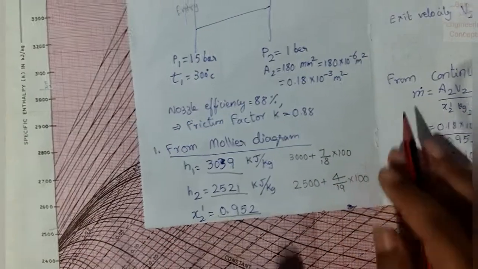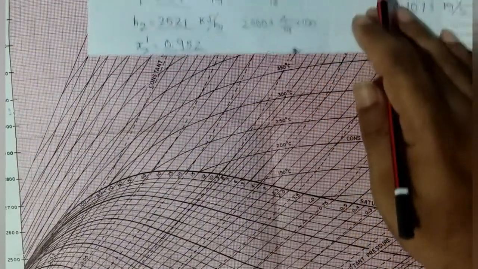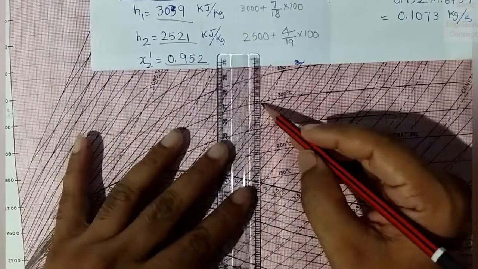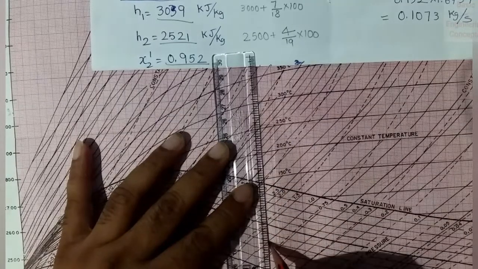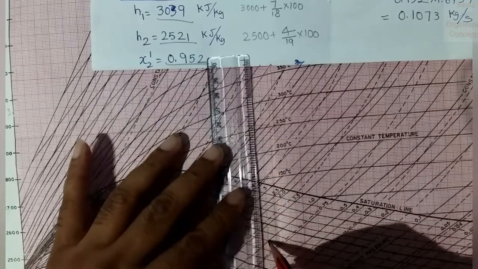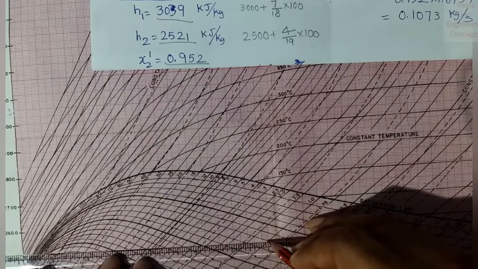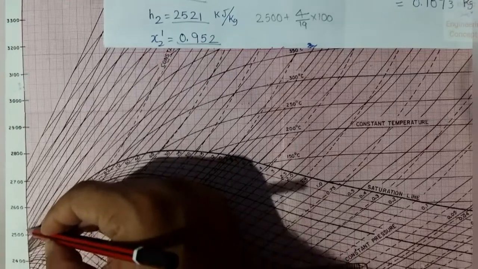Similarly h2. How do we get h2? Here we have the point. If you draw a straight line down so that it meets point 1, somewhere it meets here. Again you project this here, so this is the value.